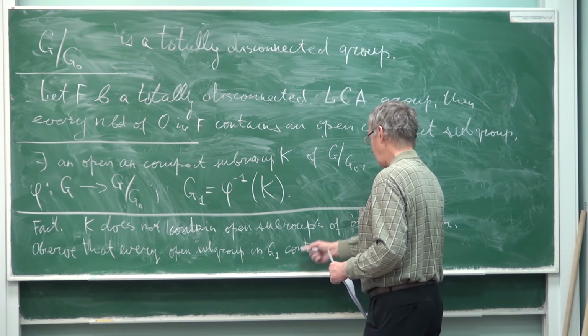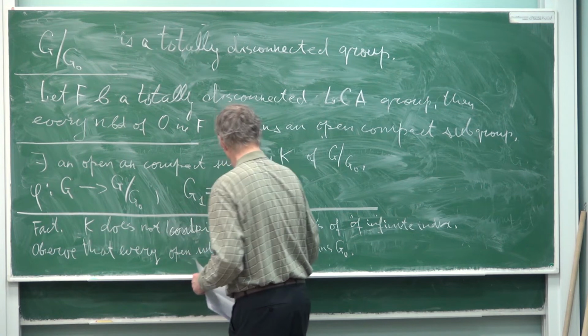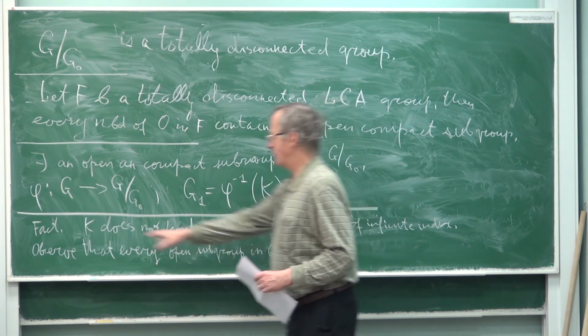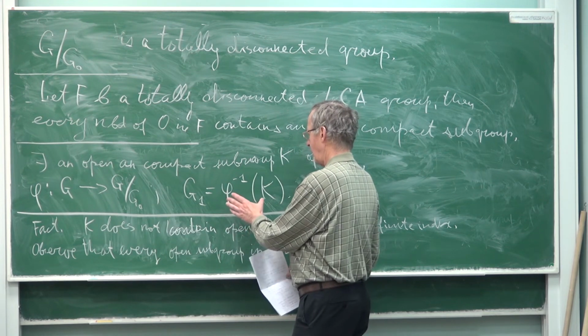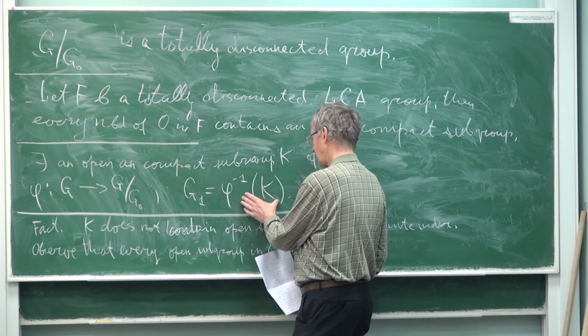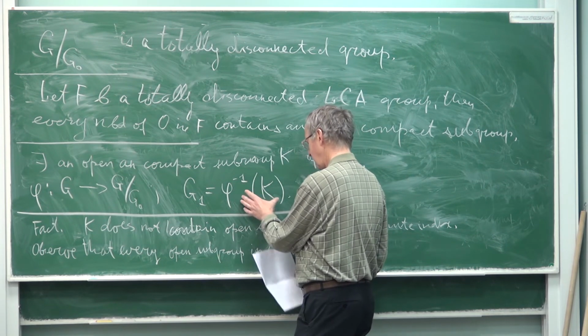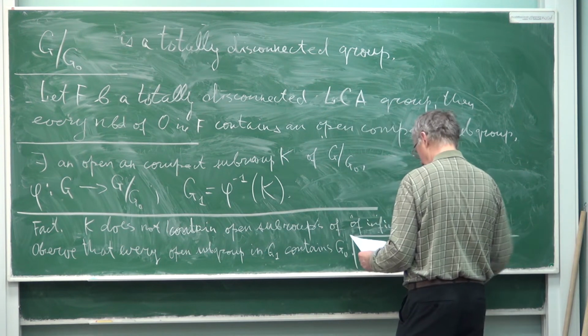So if we have an open subgroup here in G1, then under this mapping phi, it passes to some open subgroup of K, and there it has finite index.